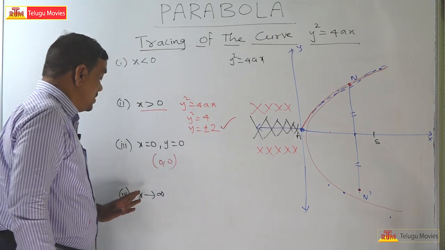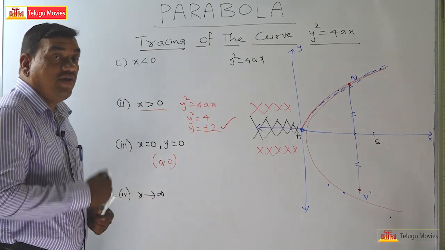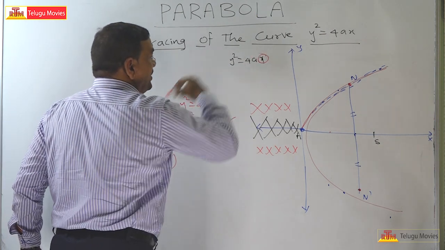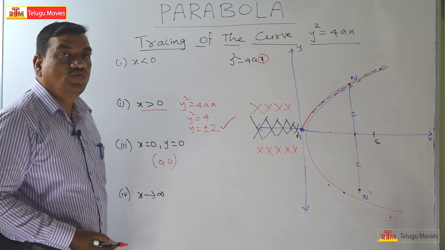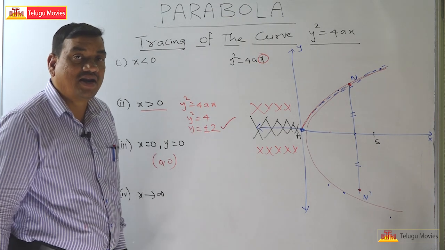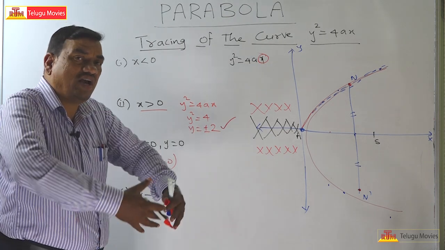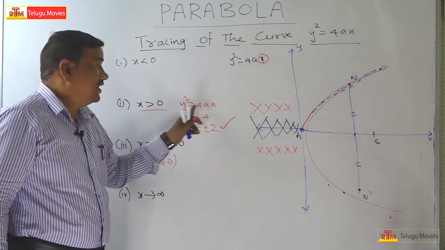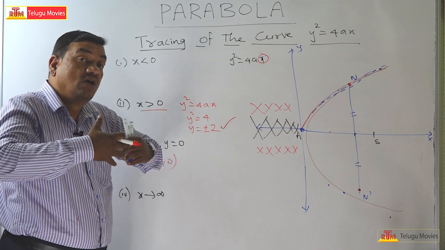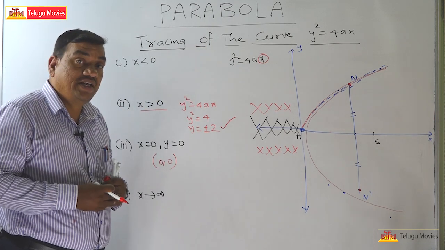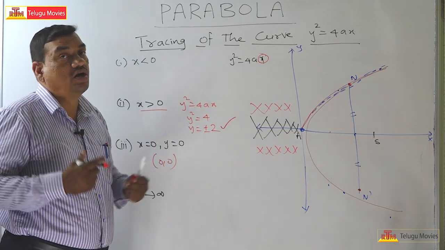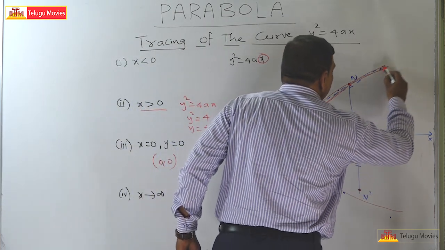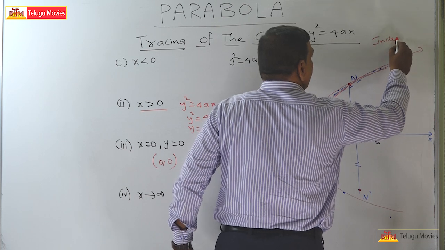Clearly. Next one is, if x tends to infinity: in y square is equal to 4ax, the x value is on the right side of the equation. If the x value goes on increasing, a is already a positive quantity, so y square also goes on increasing, and x also goes on increasing. That means this curve extends indefinitely.